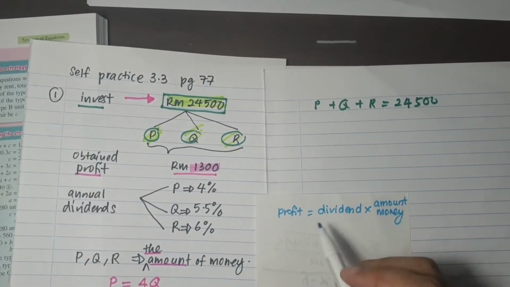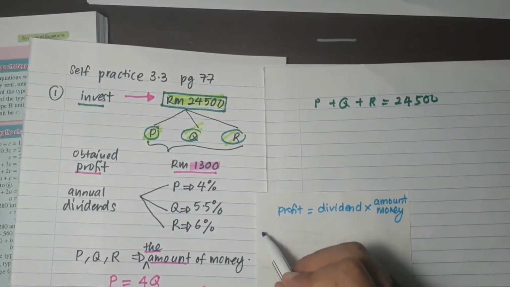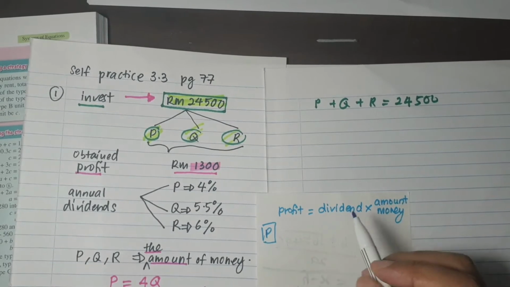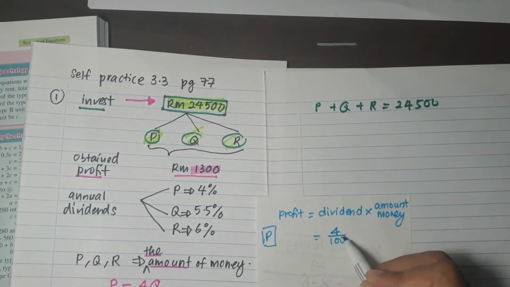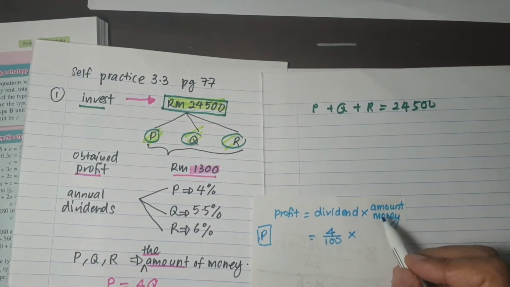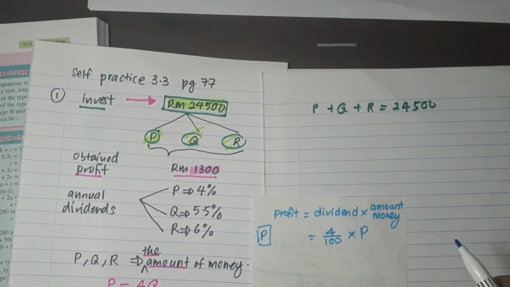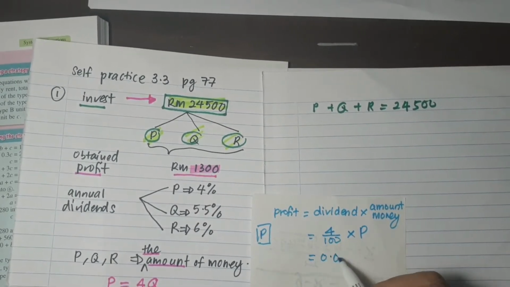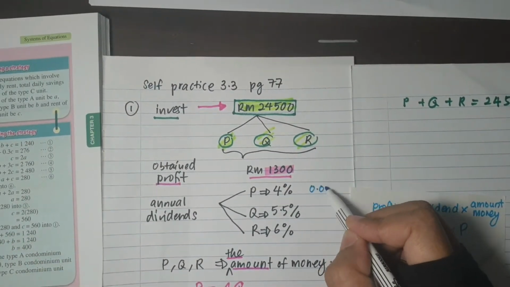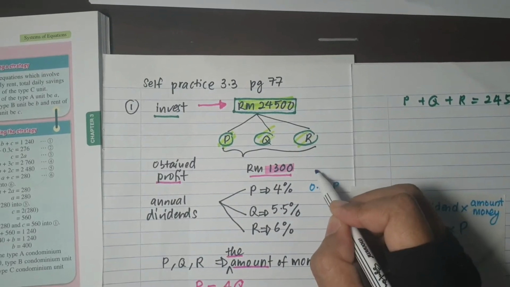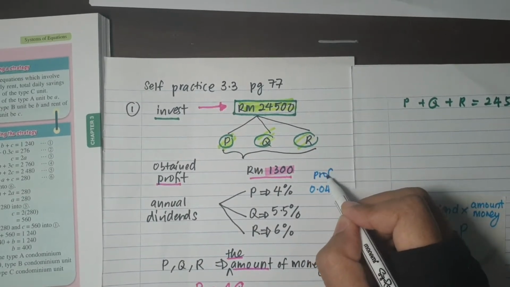How to get the profit? You ambil dividen dia berapa, let's say account P, dividend is 4% times total amount of money in account P is P lah. So it is 0.04P. Untuk account P 0.04P dia punya profit.